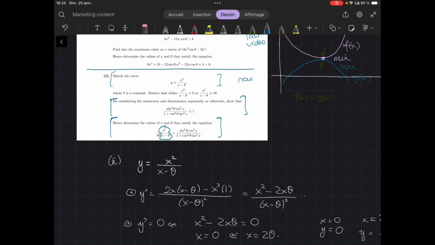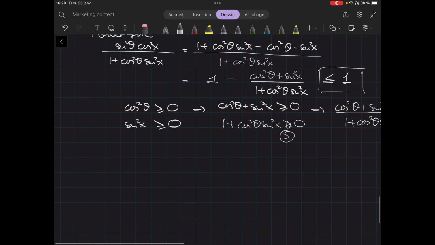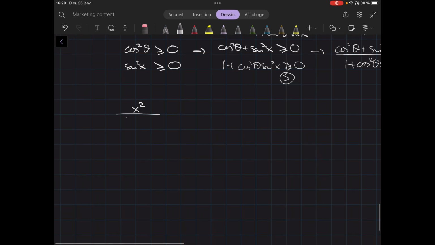We showed that the minimum value is 4 theta. Therefore, we know that x squared divided by 4 theta times x minus theta is greater or equal to, well, 4 theta divided by 4 theta, or 1.